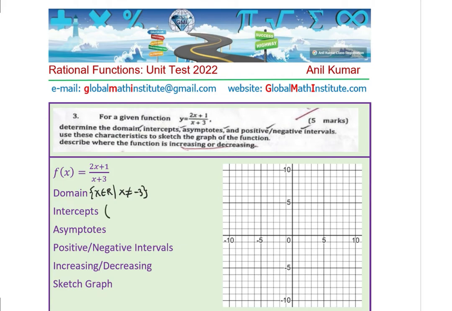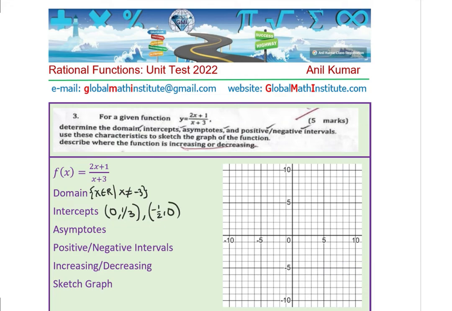So one intercept, when you put x as 0, in that case the y value is 1 over 3. So that is a y-intercept. And when you put y equals to 0, in that case the x value is minus half. So that is the x-intercept, correct? So we got both the intercepts.